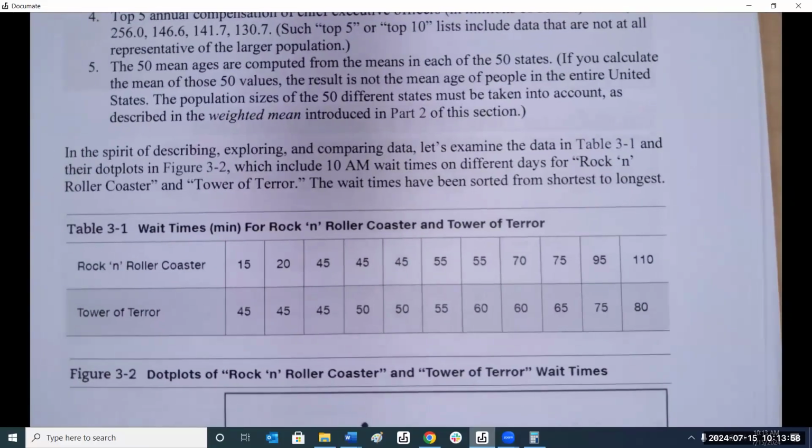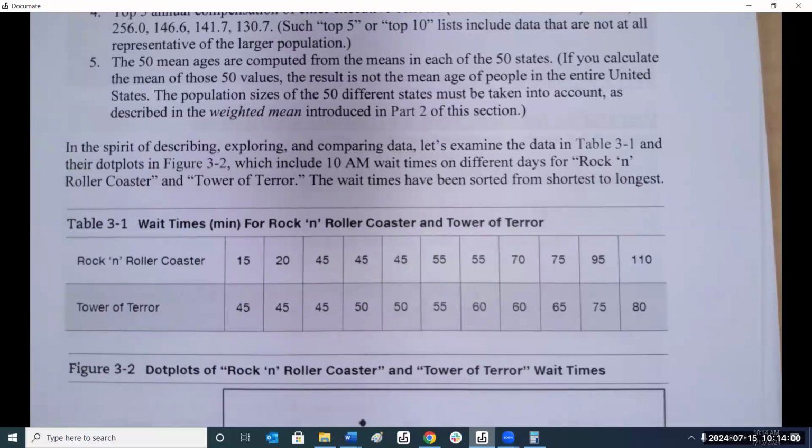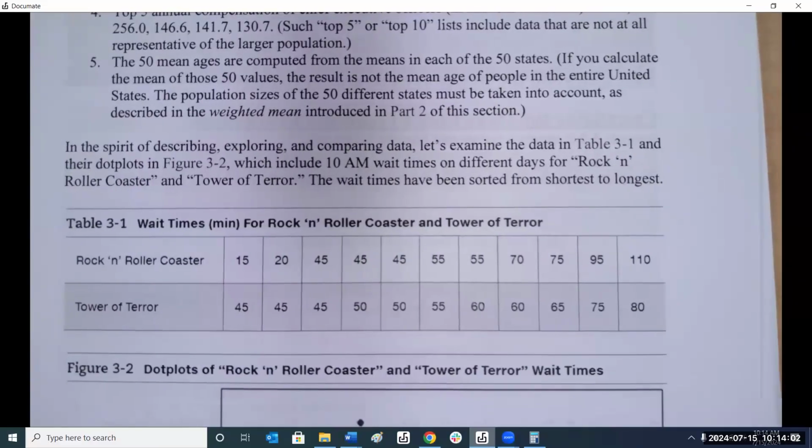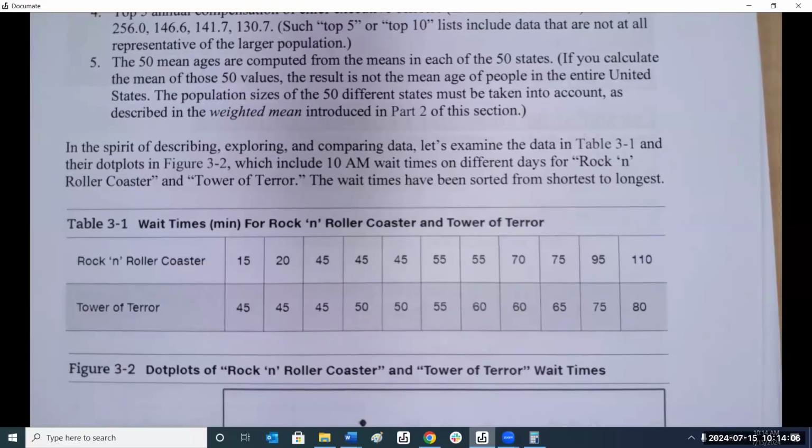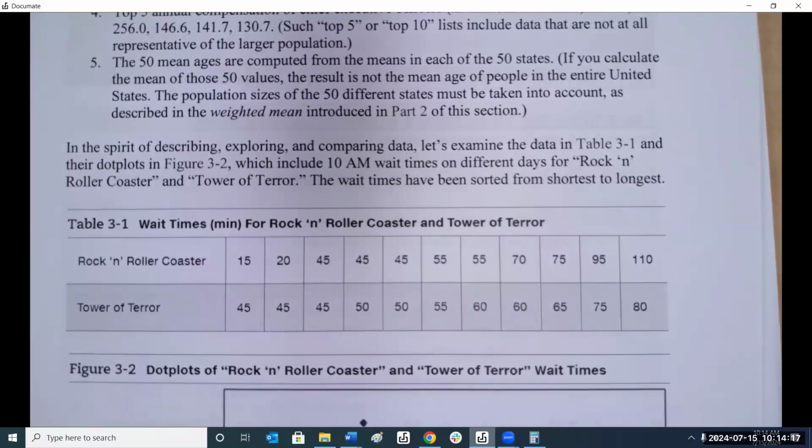So by looking at those numbers, which ride do you think is a better ride? Which one? Who thinks Rock 'n' Roller Coaster is? The top one, yes. Why would you say that?